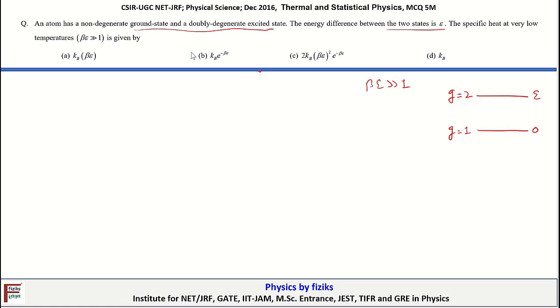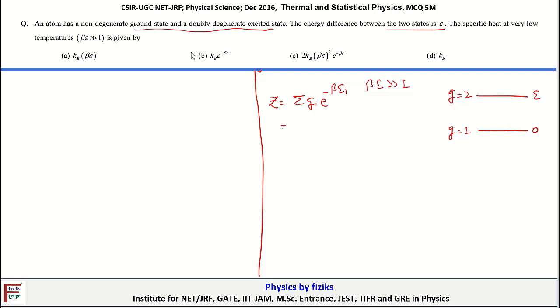We can handle this problem by first determining the partition function for the system, and then from there we will evaluate the average energy. So let's first find the expression for the partition function, which is given by Z equal to sum of g_i exponential minus beta E_i.